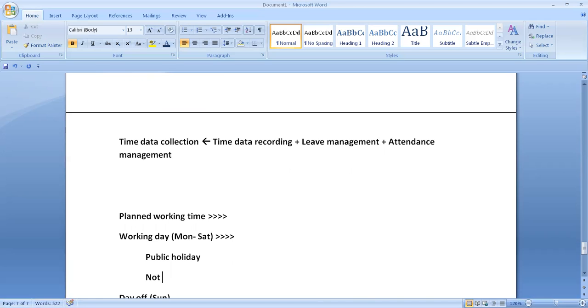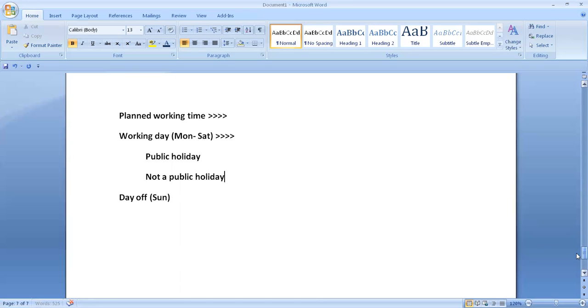So under planned working time, two things can be there: working day and day off. Suppose Monday to Saturday is working and Sunday is day off for your company. Working day you can specify in two ways: public holiday and not a public holiday.